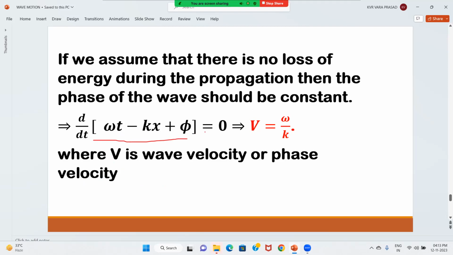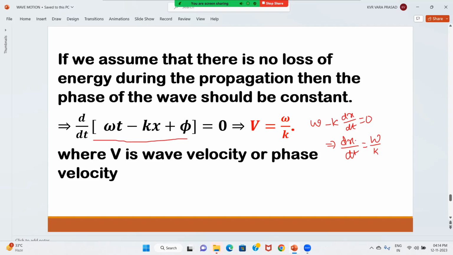And from this what do we get? d/dt of (ωt − kx) gives ω − k dx/dt = 0. From that we get dx/dt = ω/k. Omega is a positive constant and k is also a positive constant.